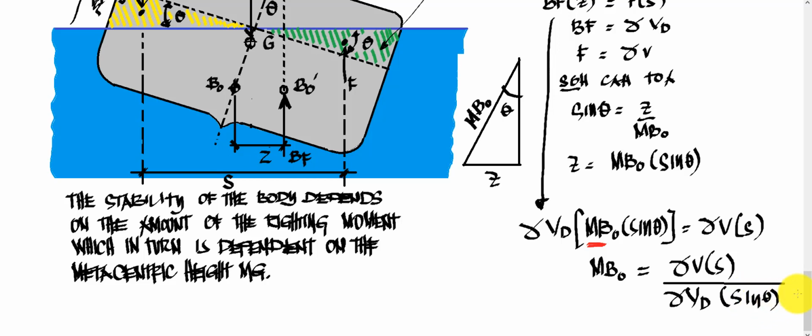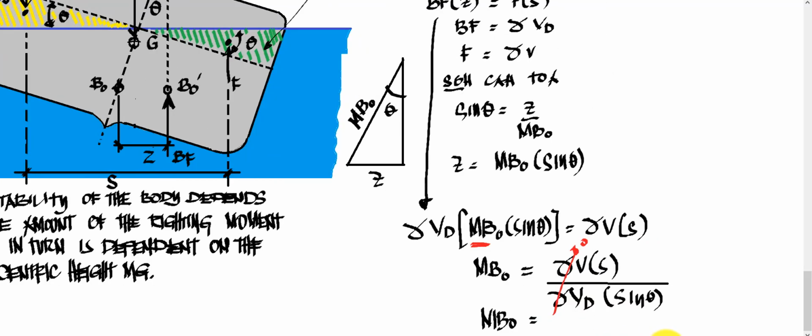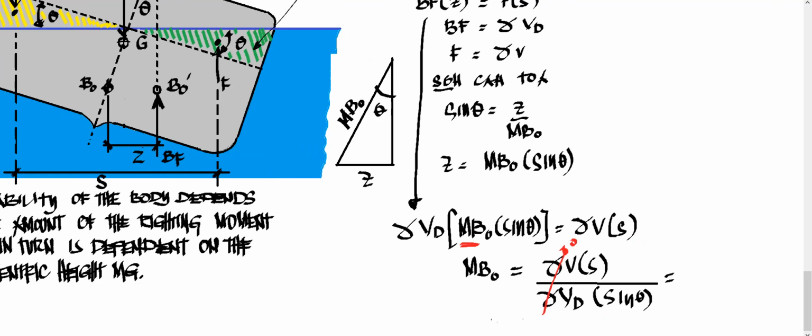Then we can cancel out the specific weight, so they are the same. So our MBO is equal now to the V, or the volume, times the S, then divided by the volume displaced, so that will be VD times the sine of theta.